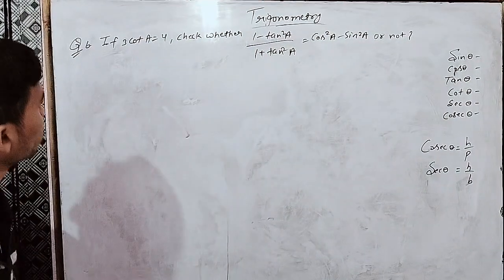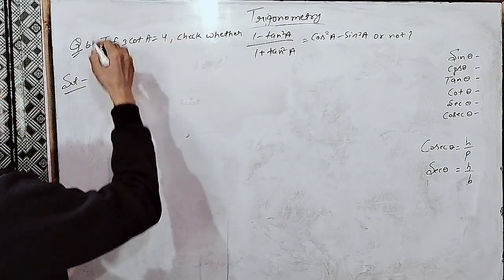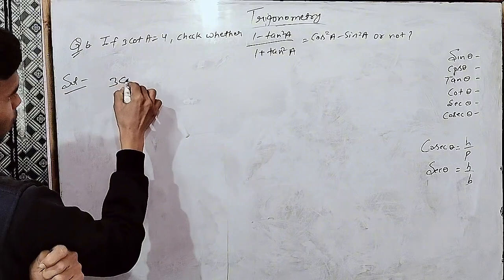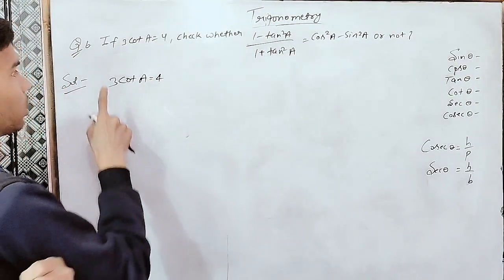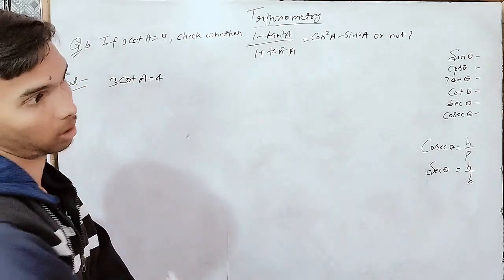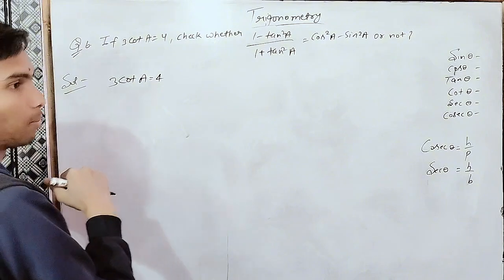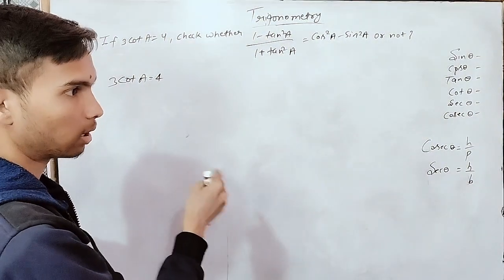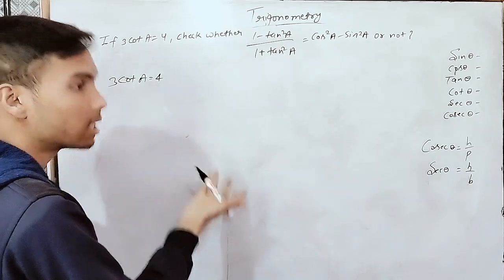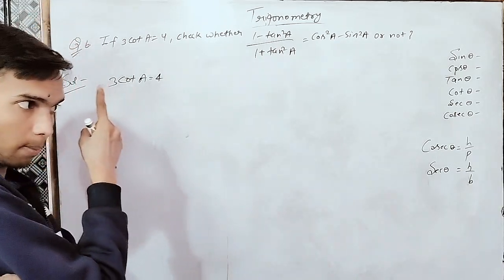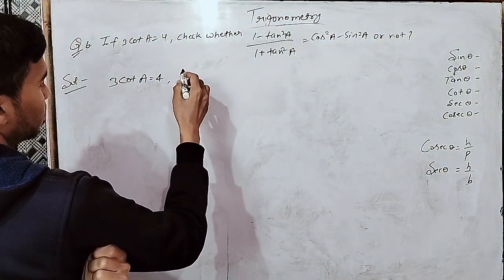So what is given? 3 cot A is equal to 4. Here 3 is in multiplication. When we write 3 on the other side of the equation, the multiplication becomes division. Am I right?